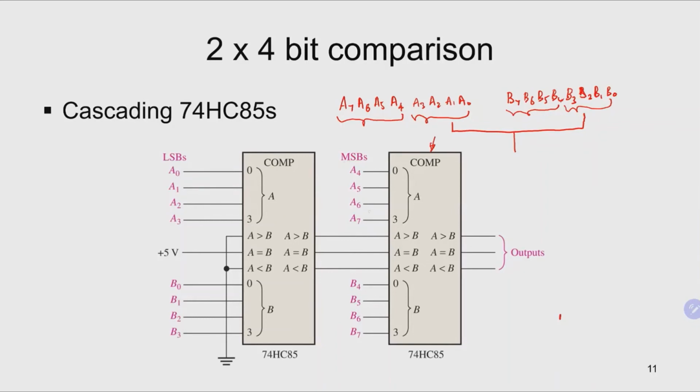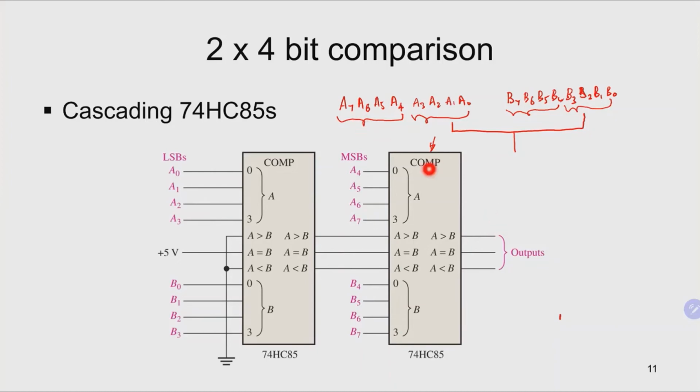So if my A is greater than B, then it doesn't matter what happens in here. If my higher bits A is greater than B, then we know that this 8 bits is going to be greater than this 8 bits here, and therefore my output A greater than B will be high.